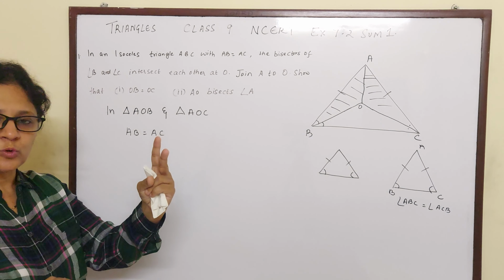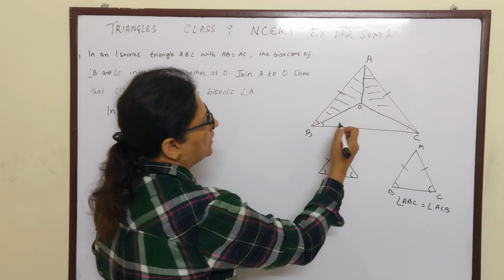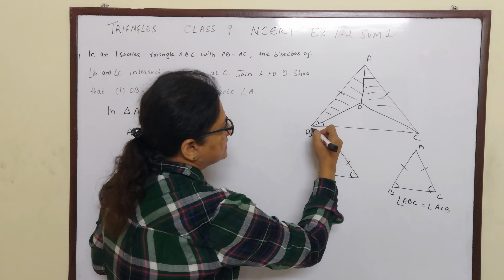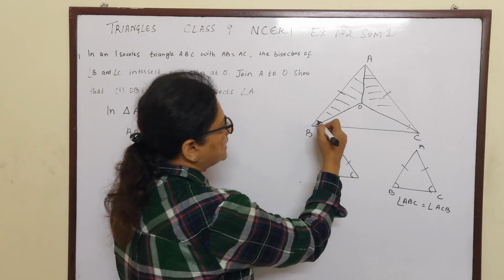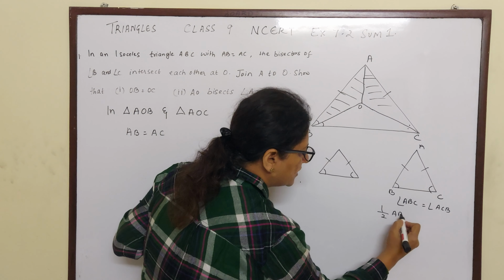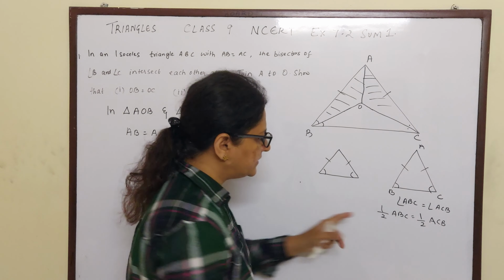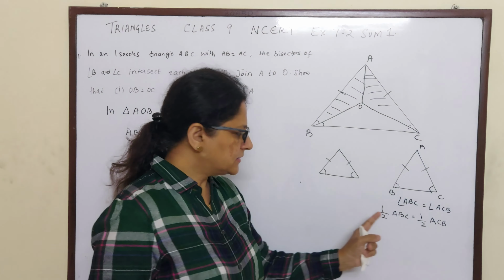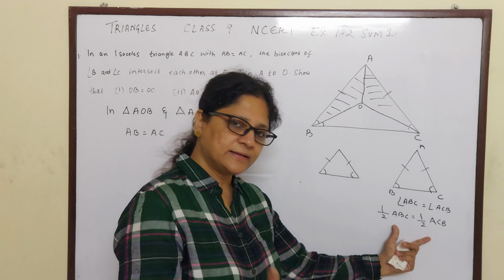Now we have to find two more points. Let us see how we can get a second point. Angle ABC is equal to angle ACB, I have already proved. Now what is half of ABC? Half of ABC will also be equal to half of ACB, because if these two are 60 degrees, then half of ABC is 30 and half of ACB is also 30. So then they become equal.